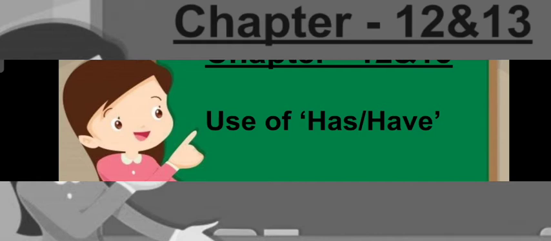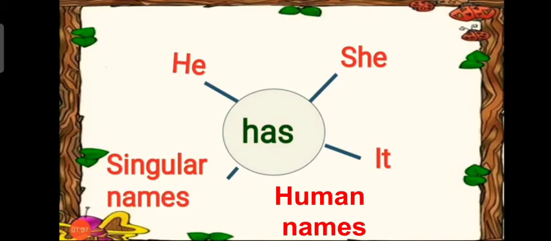Next. Now we will revise chapter 12 and 13. Here we will learn about use of has and have. So children, has and have indicate possession in the present tense. It means a possession is something that belongs to you. जब कोई चीज़ हमारी होती है तो हम उसके लिए has and have का यूज़ करते हैं.